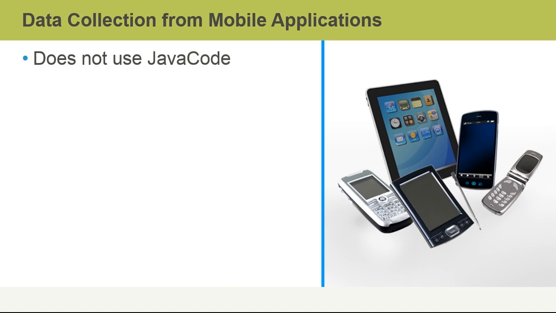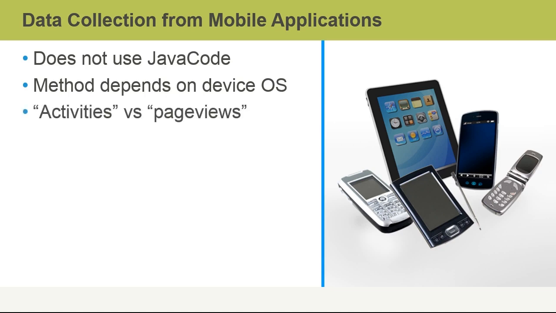Data collection from mobile apps does not use JavaScript, and although conceptually the data collection method is similar to that of a website, the data collection methods vary depending on the device and the operating system that the device uses.